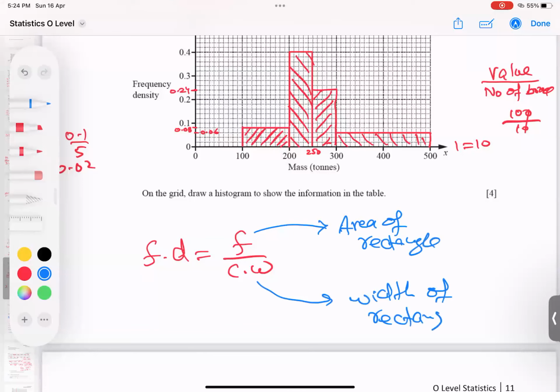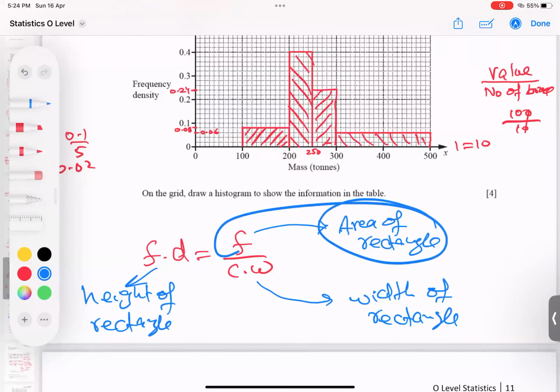You may ask where is a rectangle? Rectangle number 1, 2, 3, 4. So we have 4 rectangles, or columns. And this is the height of the column, or height of the rectangle.